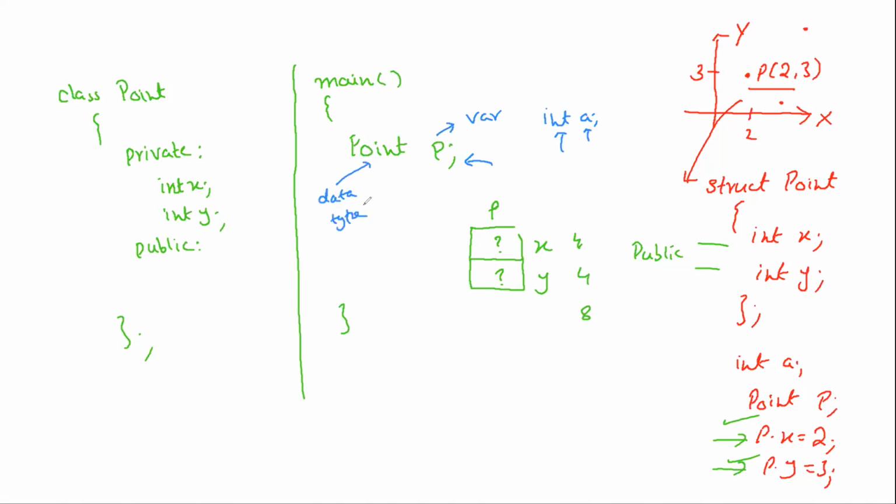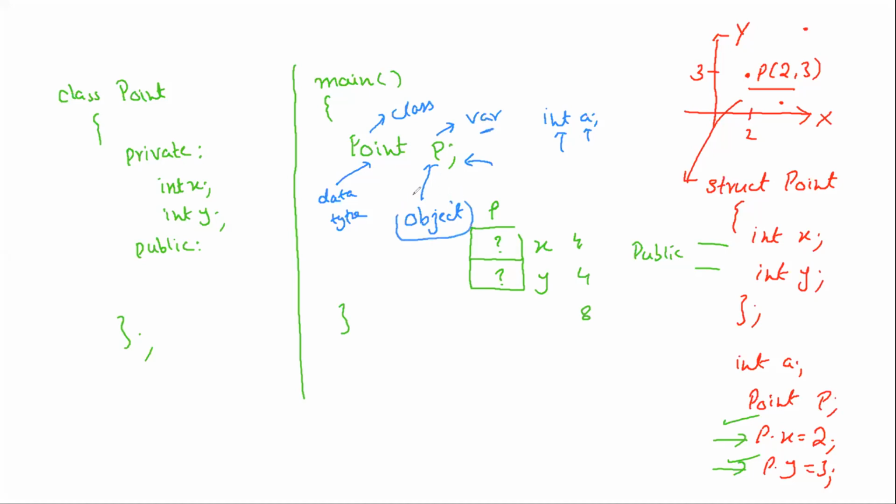But when we are dealing with classes, instead of calling it a variable and a data type, a better terminology is that we will call it an object, and we will call it a class. So now you see, class is actually your data type, and when you declare a variable of the class, p is a variable, but since point was a class, instead of calling it a variable, we will be calling it an object, right?